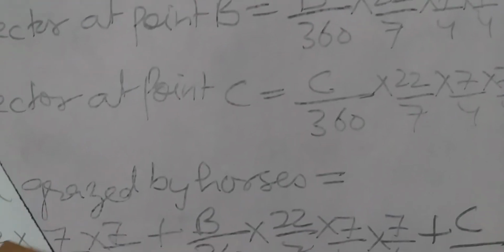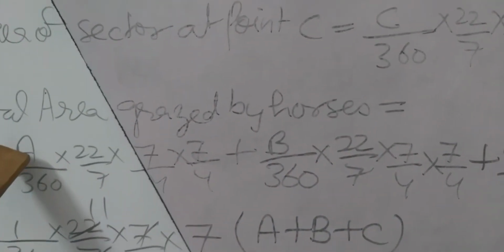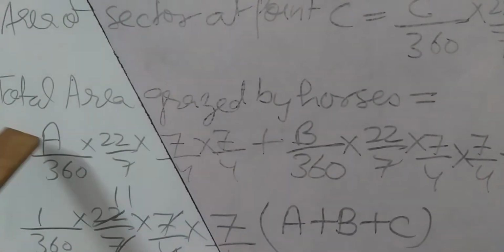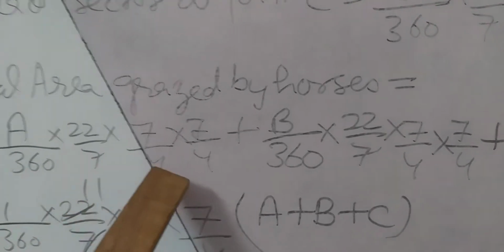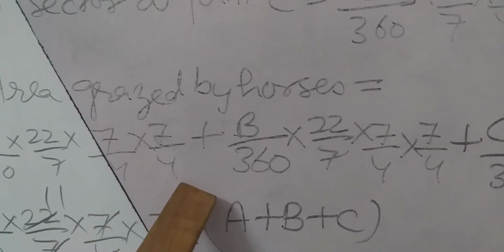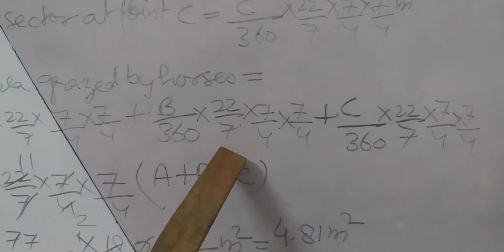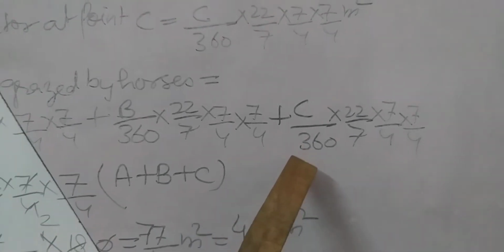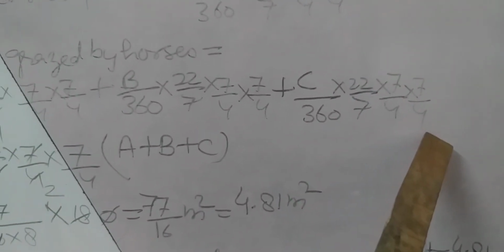So total grazed area by horses equals the sum of all three sectors: A upon 360 into 22/7 into 7/4 into 7/4 plus B upon 360 into 22/7 into 7/4 into 7/4 plus C upon 360 into 22/7 into 7/4 into 7/4.